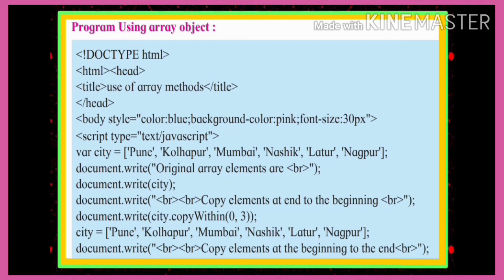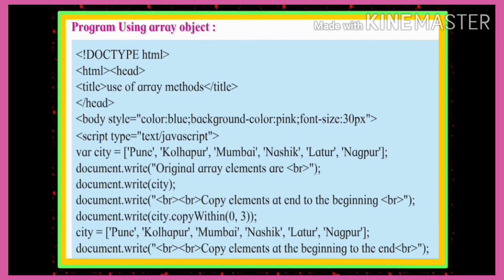So here ct is an array having 6 elements. So just display these elements of the ct array. document.write original array elements are, use br tag. In the next line write document.write ct.